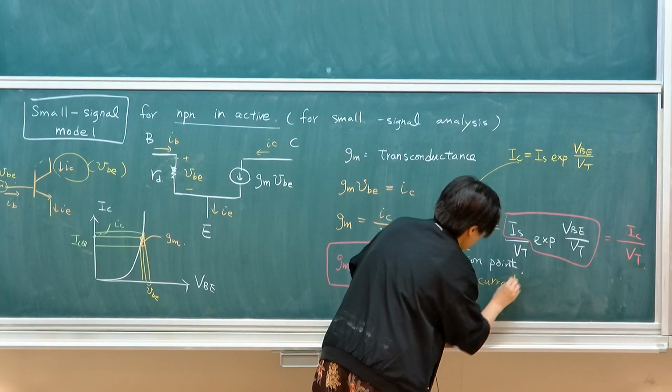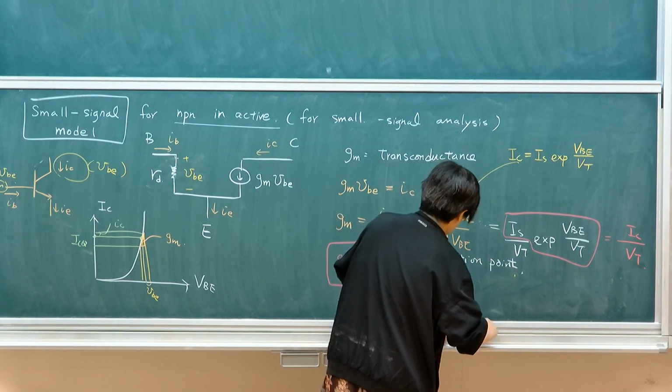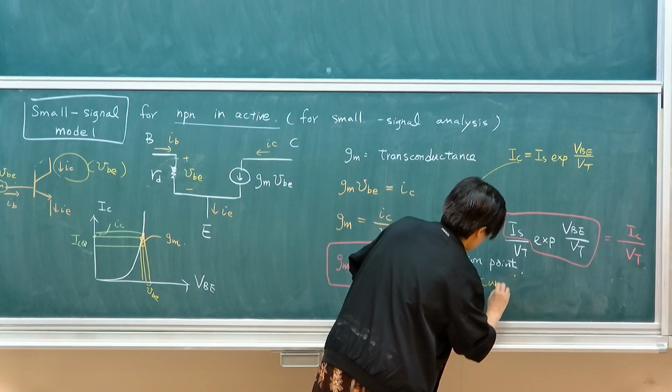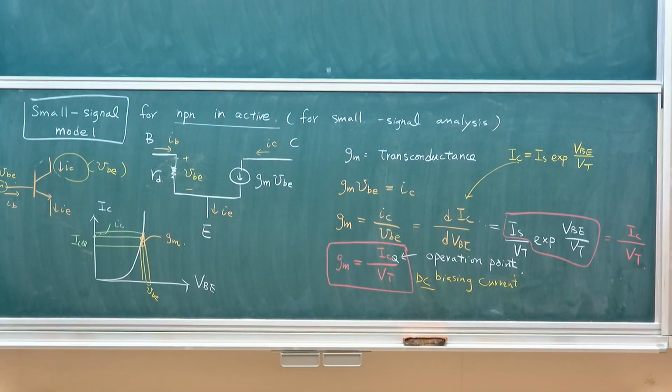You will find out in later, okay, the DC biasing level will then determine your transconductance. Okay, good.